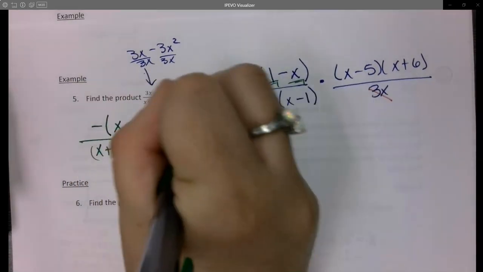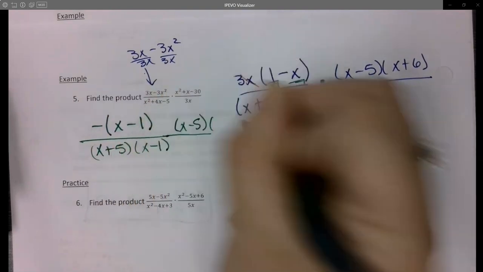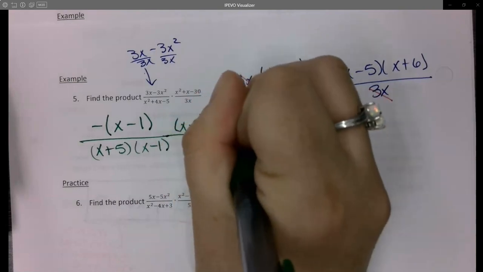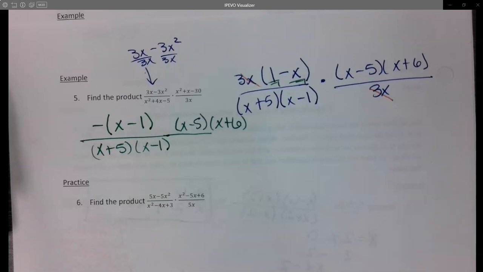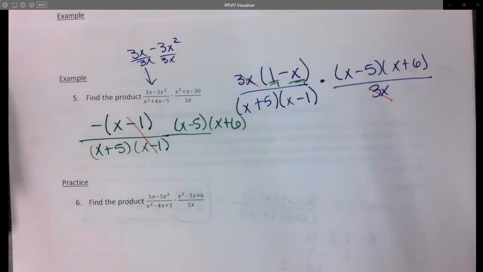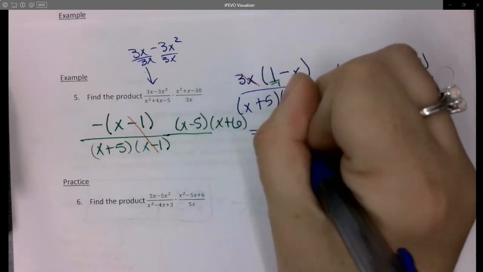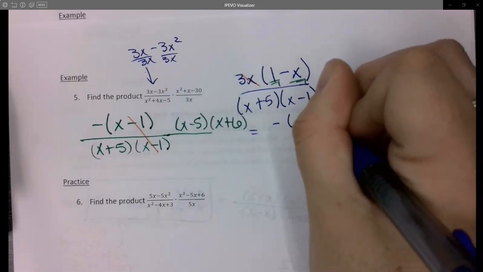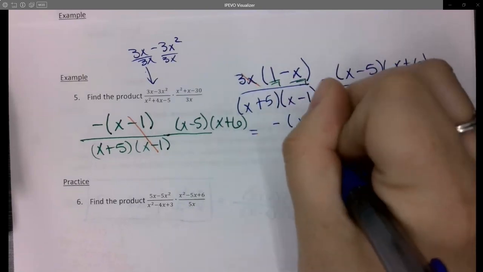And then what do I still have left? Okay. So then I can cancel out those x minus 1s again. So that gives me a final answer of negative out front, and then x minus 5, x plus 6 over x plus 5.